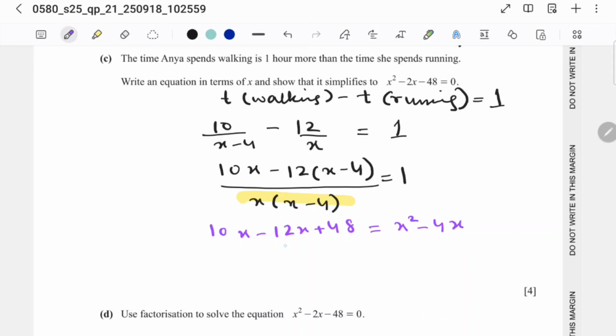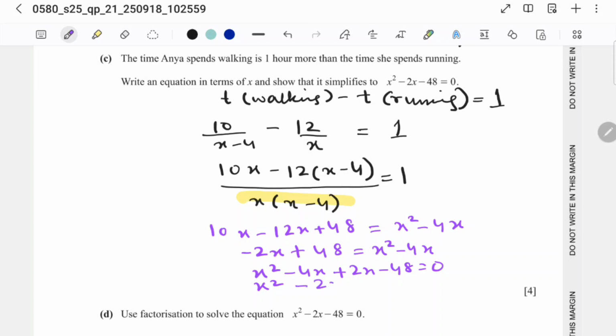So 10x minus 12x is minus 2x, plus 48 is equal to x square minus 4x. Then when you combine, x square minus 4x plus 2x minus 48 is equal to 0. So x square minus 2x minus 48, which is required.